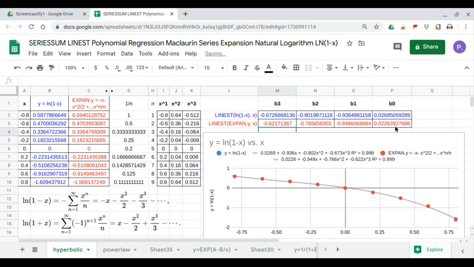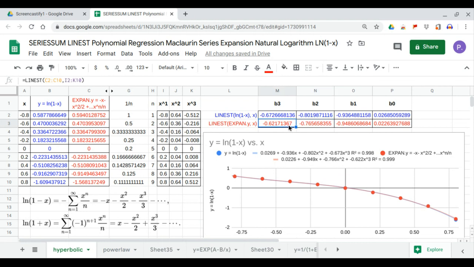In this case, B0 is 0.0226. Yep, it is also 0.0226. B1 is negative 0.9486, rounded up as negative 0.949. B2 is negative 0.76565, rounded up as negative 0.766.